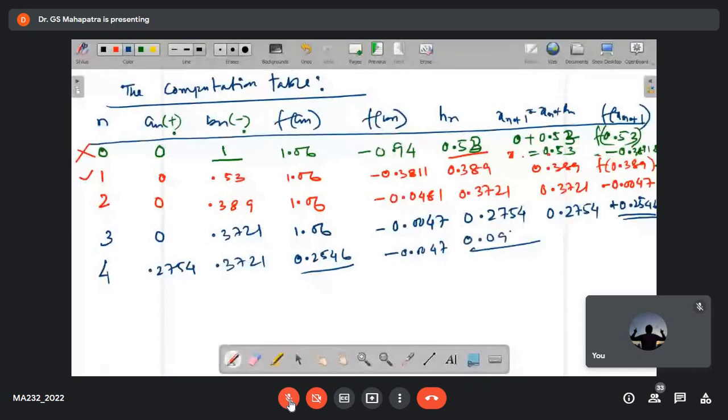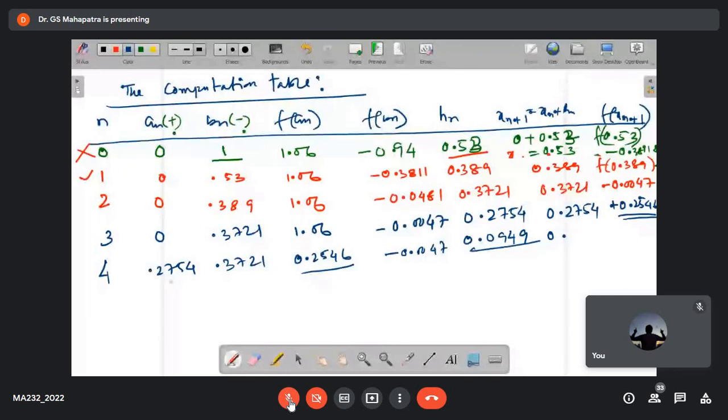Hn, 0.0949. What is that one then? 0.2754 plus 0.0949. Sir, in third iteration, I got 0.3702, sir.